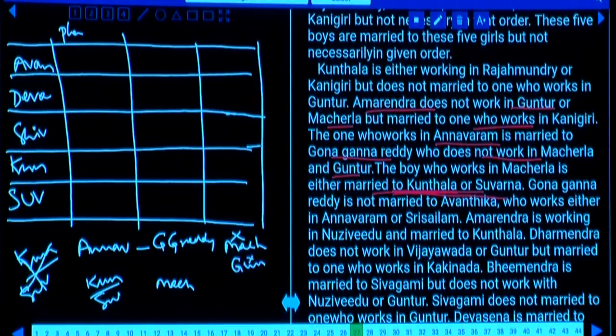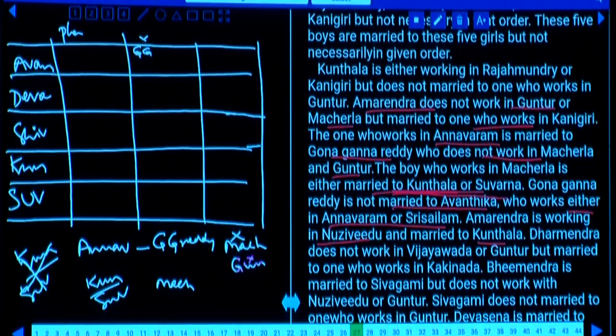Suvarna. Then Gonagannareddy is not married to Avantika, who works either in Annavaram or Srisailam. Amarendra is working in Nuzuveedu and married to Kuntala. Clearly given.